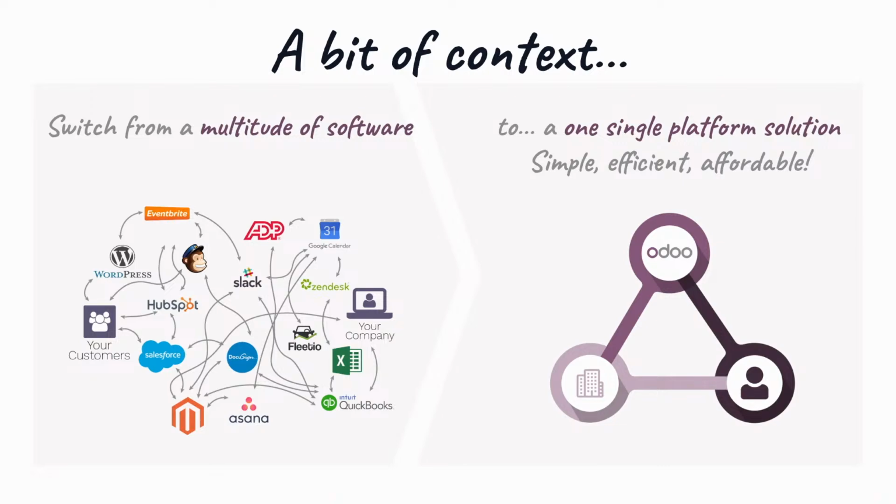This is typically the kind of landscape you can have in the IT department for companies that are not using a single platform solution such as Odoo can provide. And as you will see together, Odoo is of course able to handle all of these applications. So you can consider Odoo as a full HRIS, but it's also integrated with other kinds of applications.